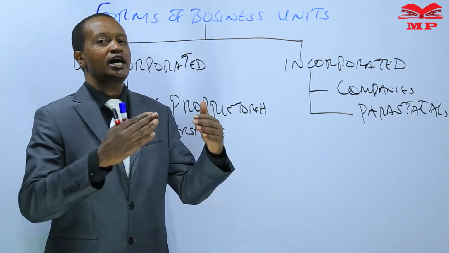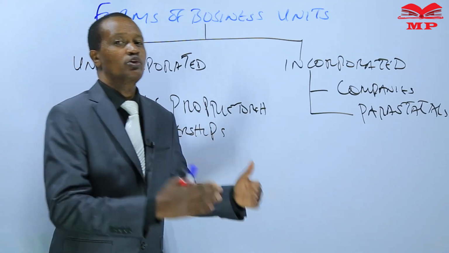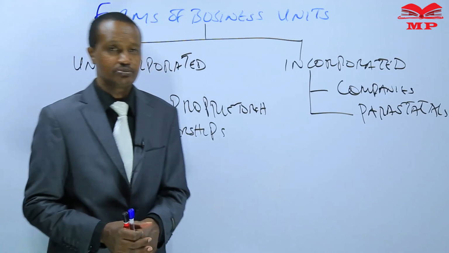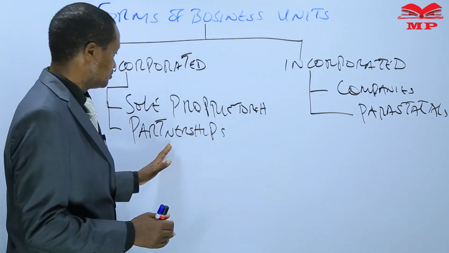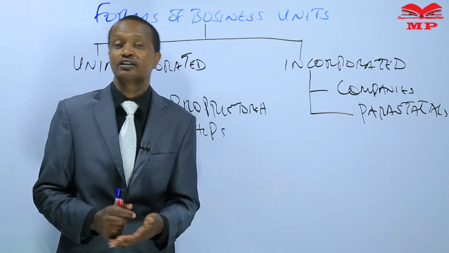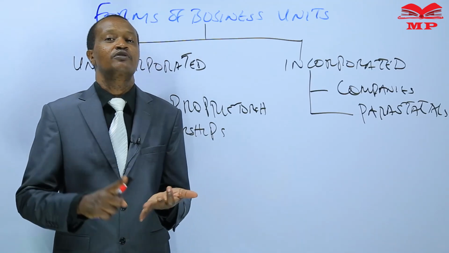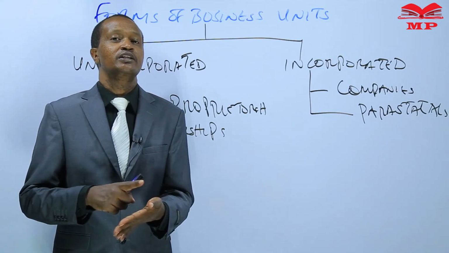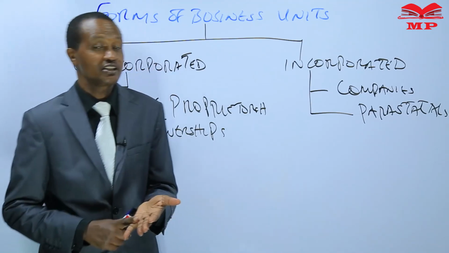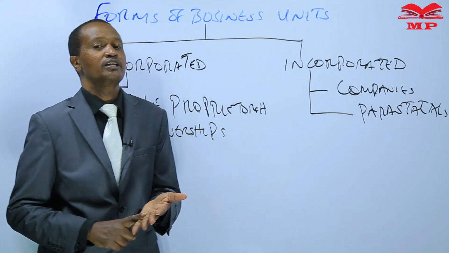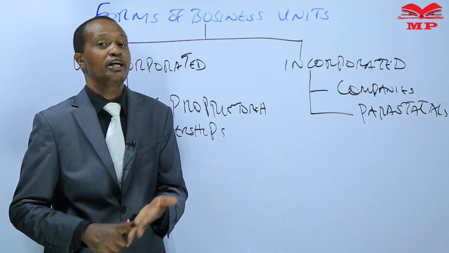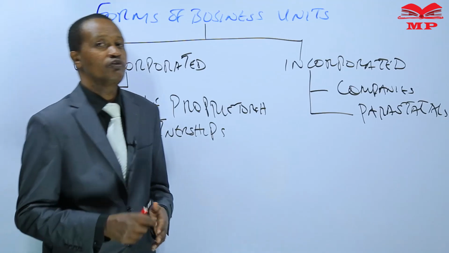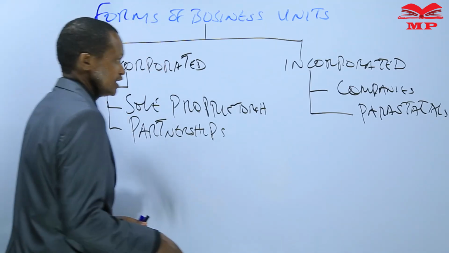We will discuss how to dissolve or terminate the life of a partnership. So under partnership, we are going to discuss the meaning, formation, management, classification of partnerships, the types of partners, advantages and disadvantages of partnerships, the circumstances under which a partnership may be appropriate, and dissolution of partnerships.